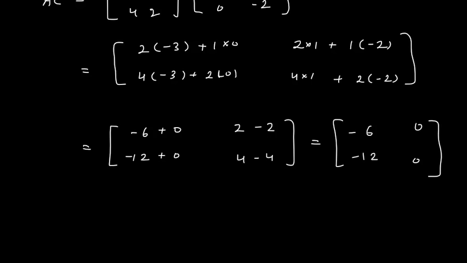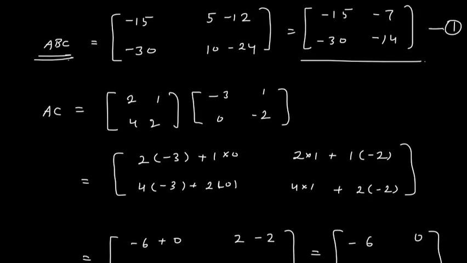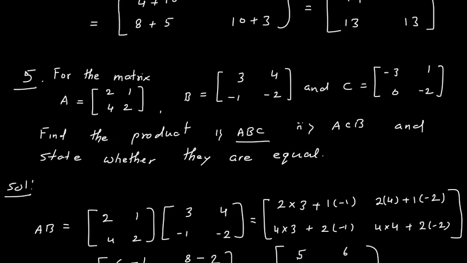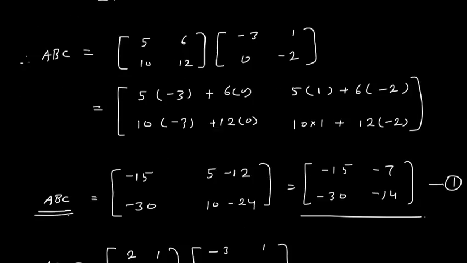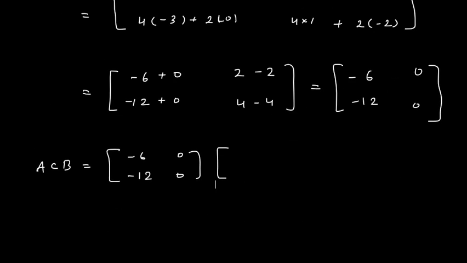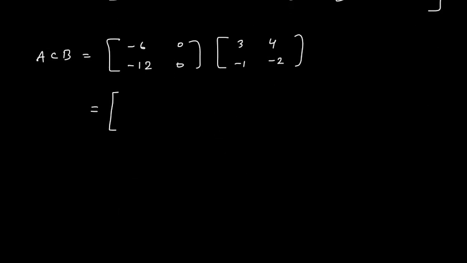Then we have to multiply this AC with B. So AC into B, the value of AC we got is [minus 6, 0; minus 12, 0], and the matrix B, if you see, is [3, 4; minus 1, minus 2]. Okay, so this product is minus 6 into 3 plus 0 into minus 1.